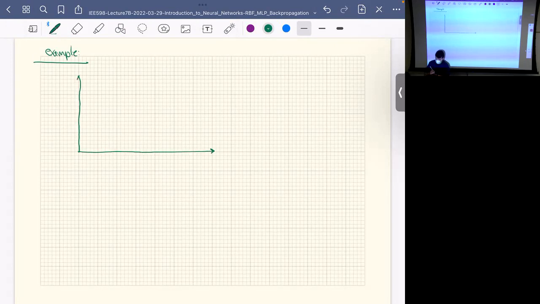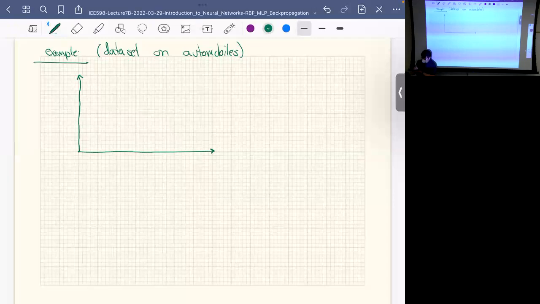And let's say I've got a data set on automobiles. In this data set, one of the features, X1, might be the car speed, and the other feature, X2, might be the car size.